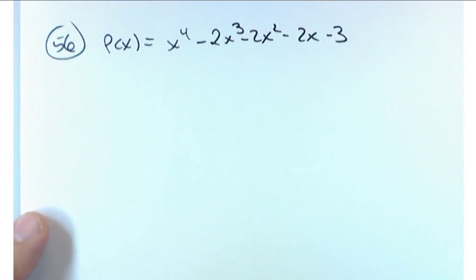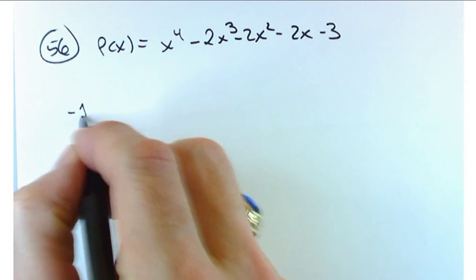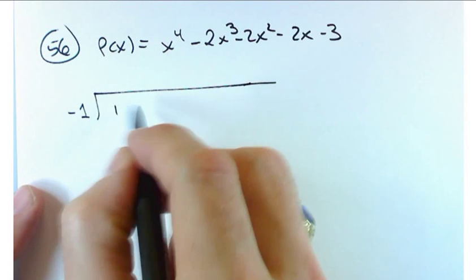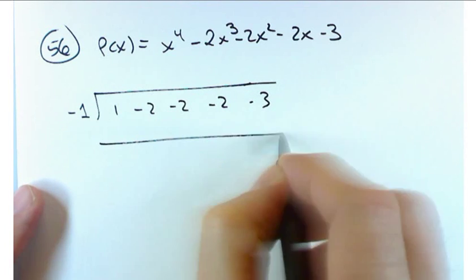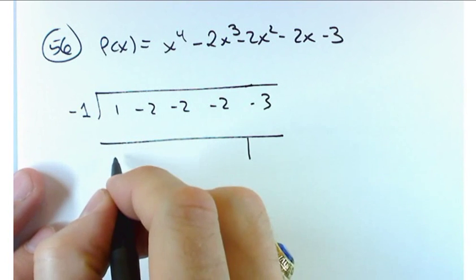It's just as easy, if not easier, to get it from the graph. So let's start out with the root at -1. So 1, -2, -2, -2, -3. And the idea here is by getting rid of these, you're paring down the polynomial. You're giving yourself what's called a reduced polynomial.